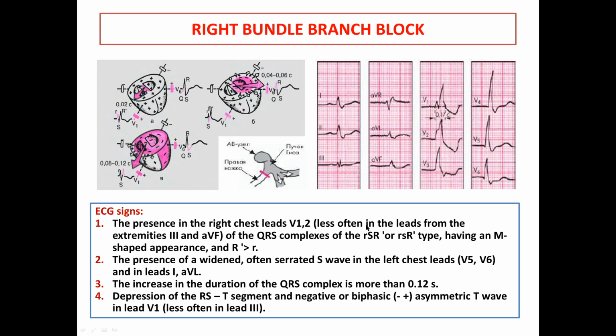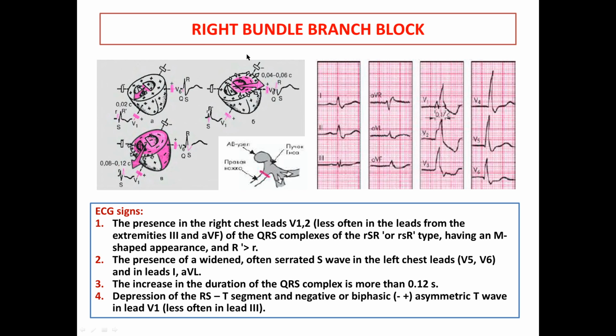The increase in duration of QRS complex is more than 0.12, of course, and depression of the ST segment and negative or biphasic asymmetric T wave in lead V1, less often in lead 3.